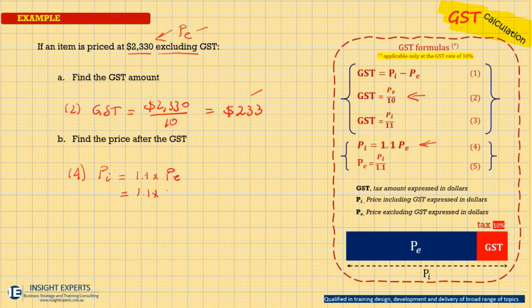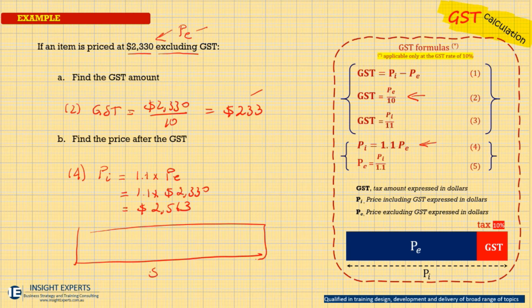I already have 2,330, and the price after tax is equal to $2,563. So graphically, we have $2,563 and the recommended retail price is $2,330.